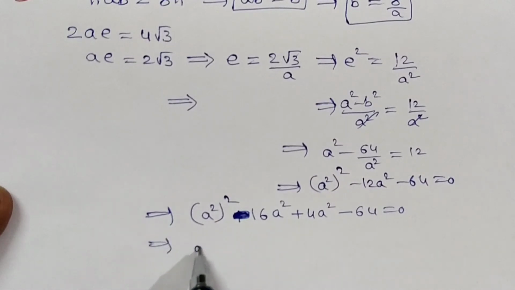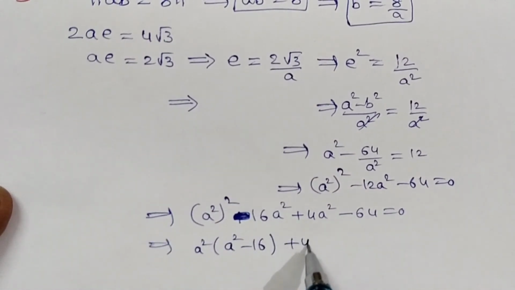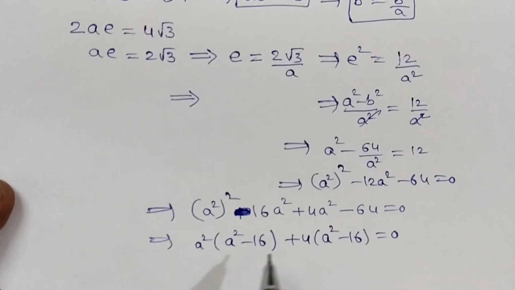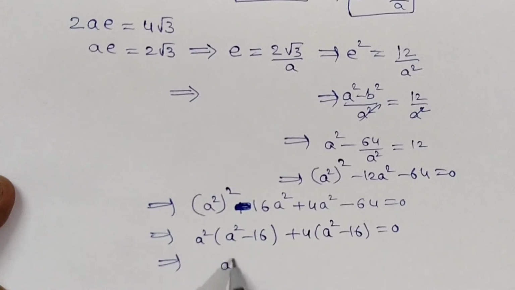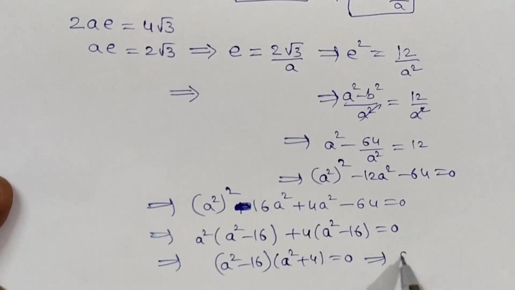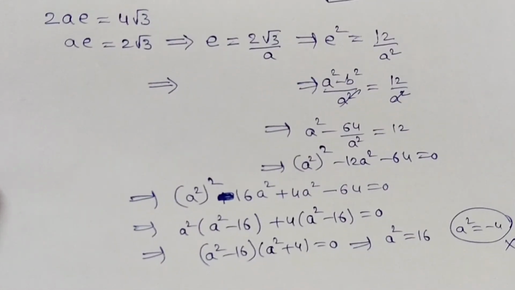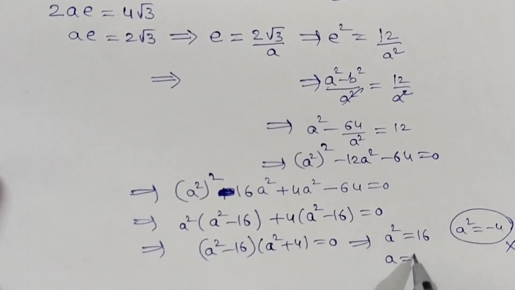Taking A square common: A square minus 16 plus 4 into A square minus 16 equal to 0. So A square minus 16 into A square plus 4 equal to 0. That implies A square equal to 16; A square equal to minus 4 is not possible. So go for A square equal to 16, A is equal to 4.